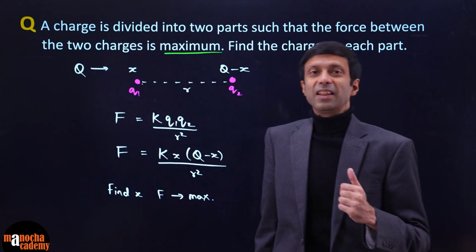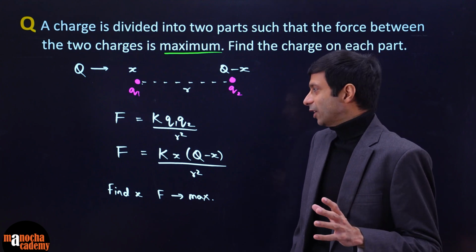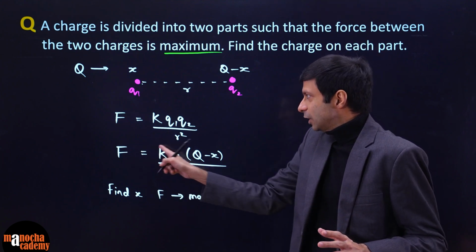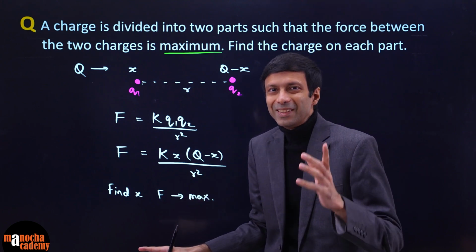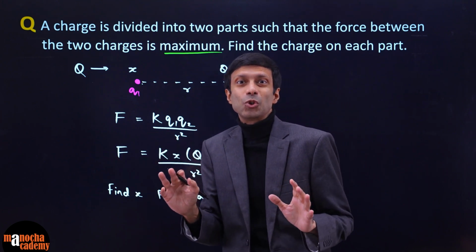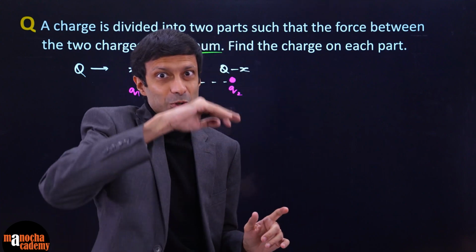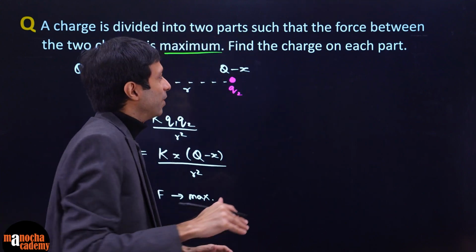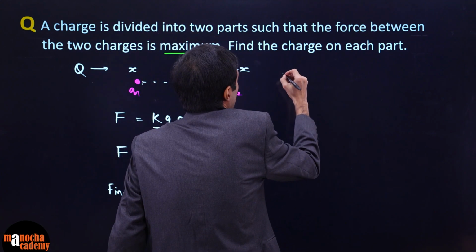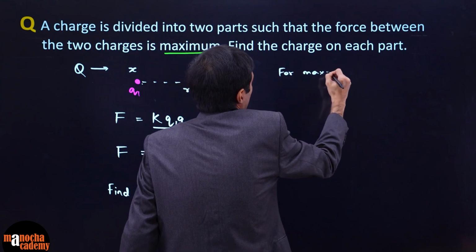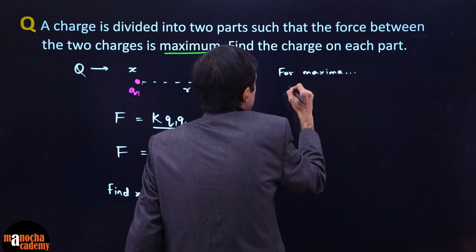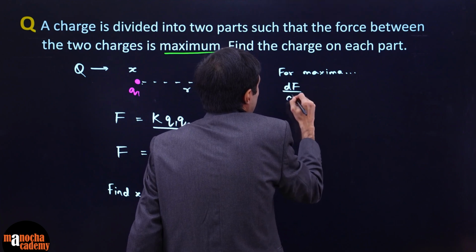And this is where we take the help of mathematics, or what we know from calculus. You can see this force is a function of X. So for maxima or minima, what do we do? That's right, dF by dx should be equal to 0. The slope should be equal to 0 when you're at the maxima or the minima, right? So for maximum force, we can say dF by dx is equal to 0.